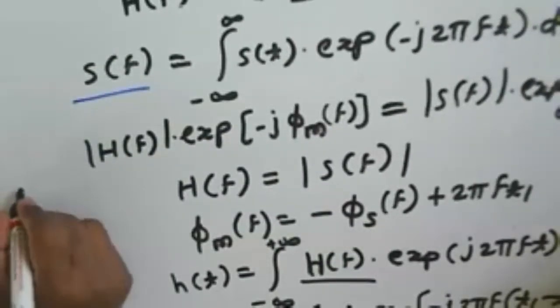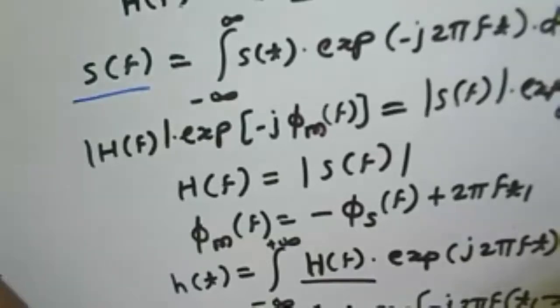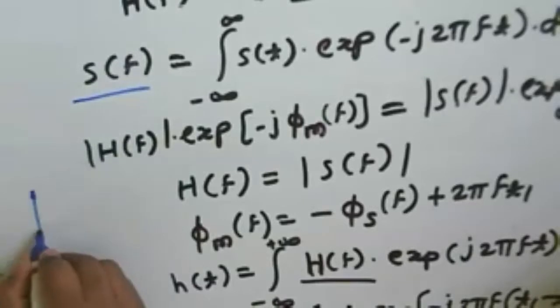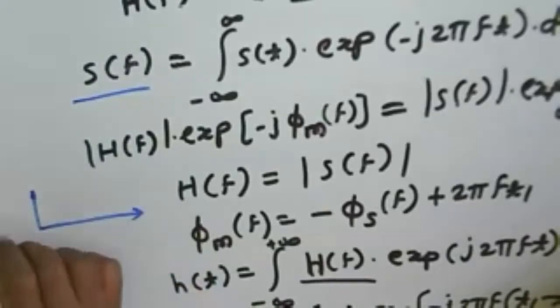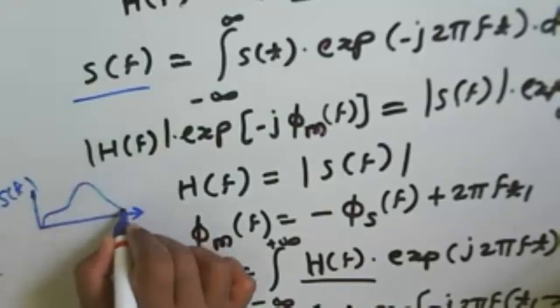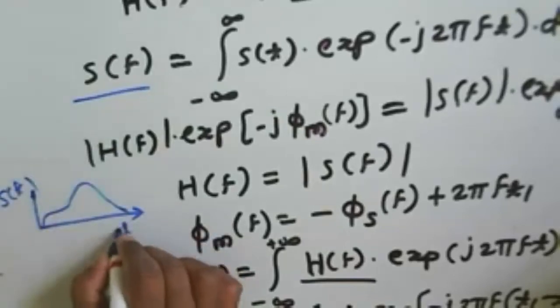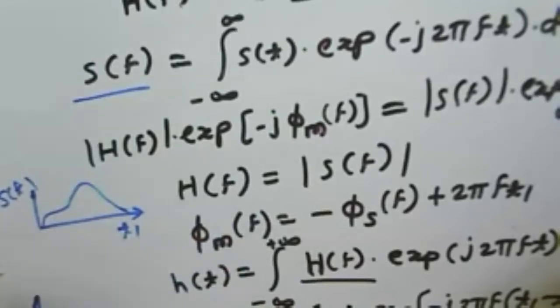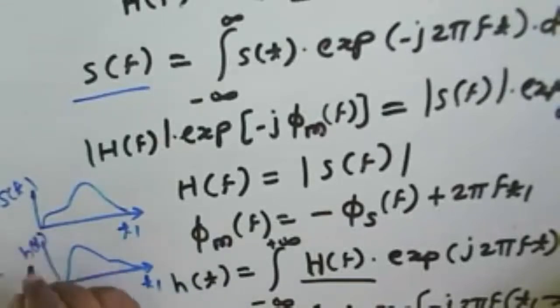Generally, we can say that we have the signal waveform S of t. We write here the signal S of t. This is like a function of t1, and this is about a received waveform and an impulse response function. The impulse response function is h of t.